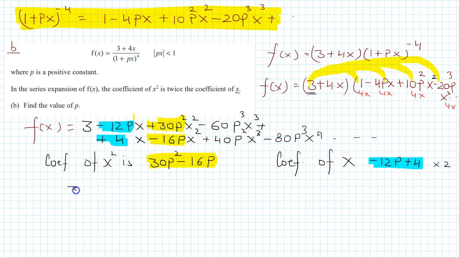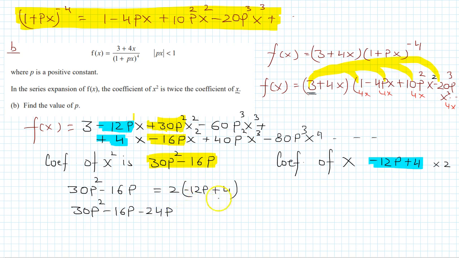So we have 30p² minus 16p is equal to 2 multiplied by minus 12p plus 4. So this I can write as 30p² minus 16p. This is 12 times 2 is 24, minus 24p plus 8.